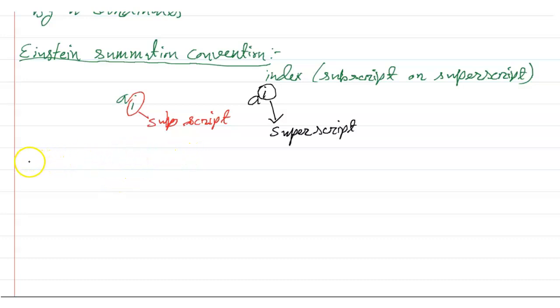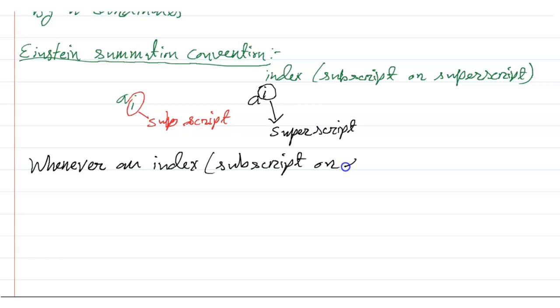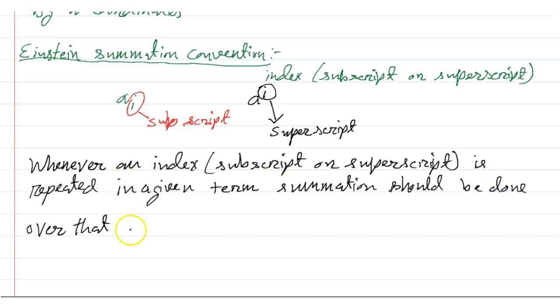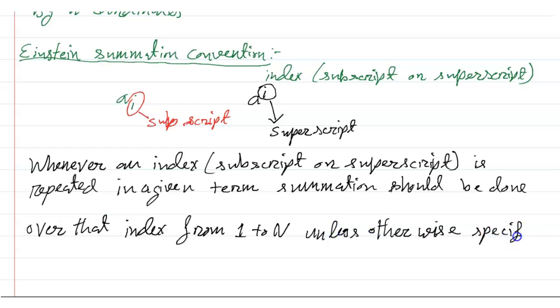So friends, I write the definition. Whenever an index, subscript or superscript, is repeated in a given term, summation should be done over that index from 1 to capital N unless otherwise specified. This is called the summation convention.